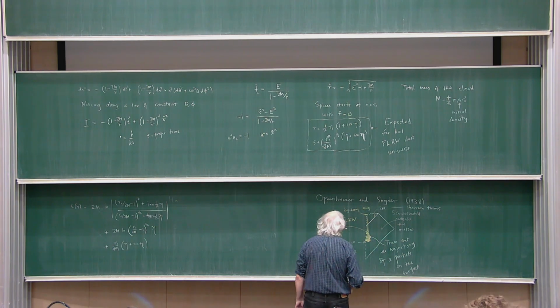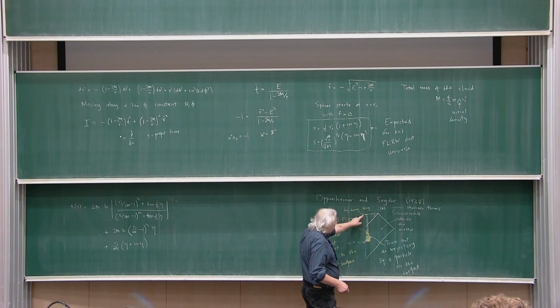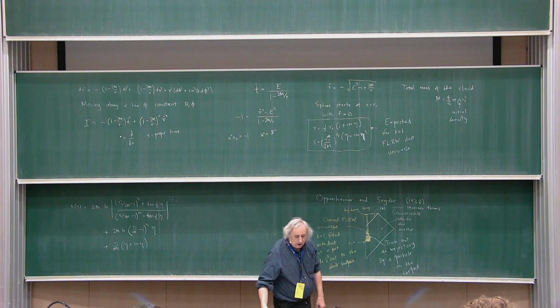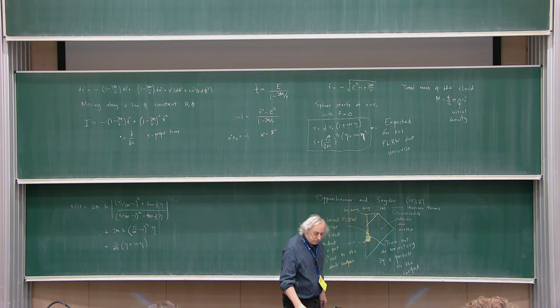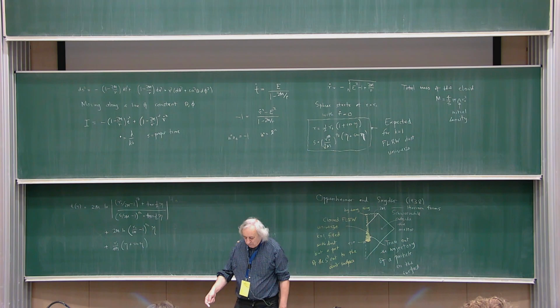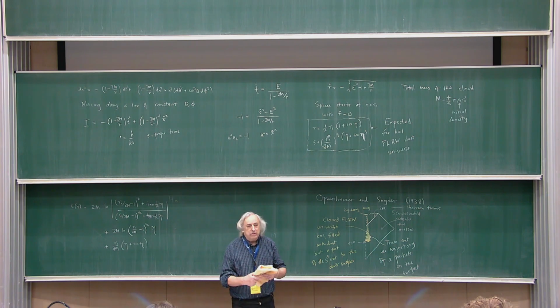So if you inspect this picture, there are various things that you might start to worry about. The first is a sort of historical fact. When this solution was first proposed, the obvious conclusion was, well, the singularities are all fake because you've assumed spherical symmetry forever, and therefore that's sort of an unphysical thing to do.